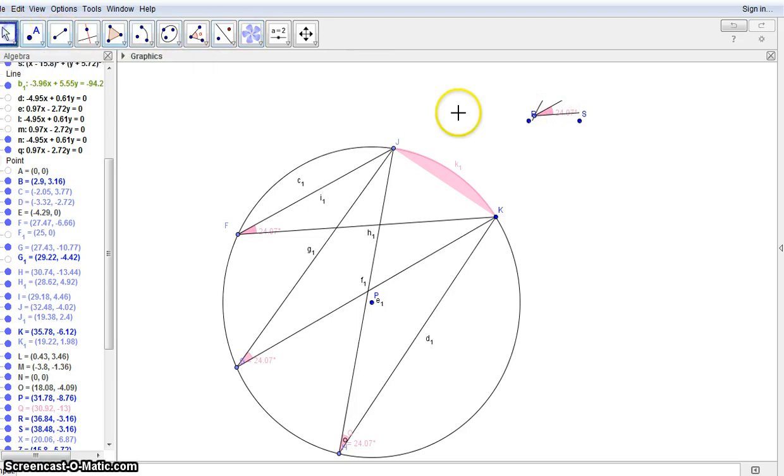And let's see what kind of playing around with it I can do. I don't want to change the size, but I do want to, actually I can change the size, right? Because that's not going to change the size of the angle. Okay, this is good news.